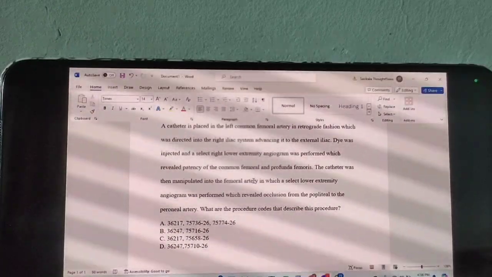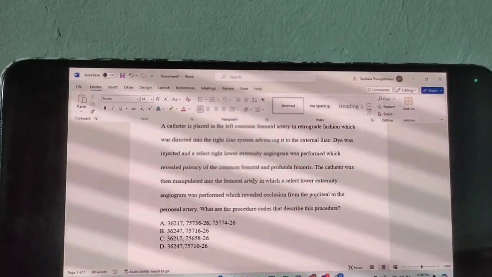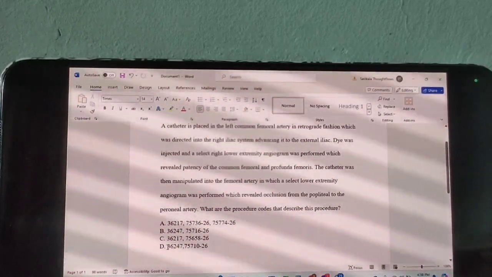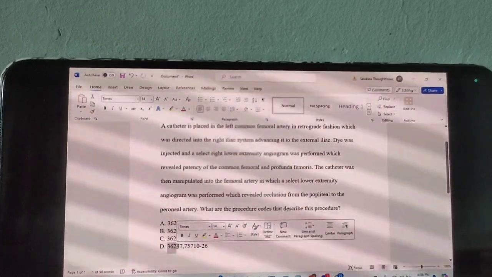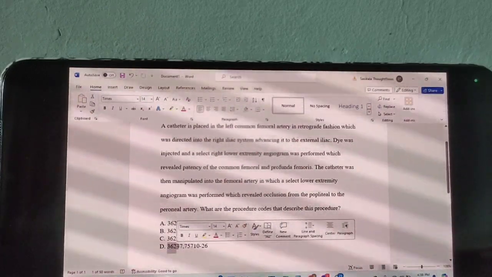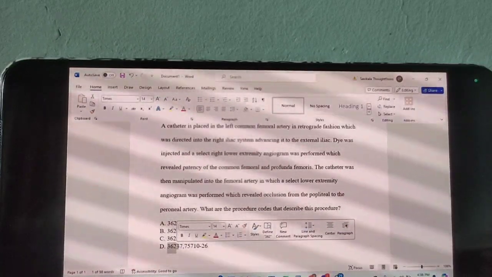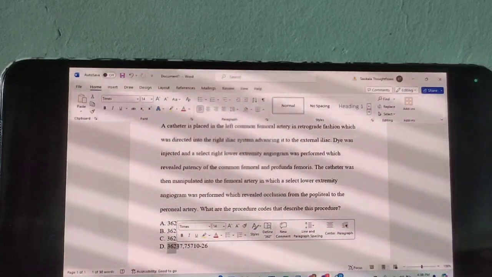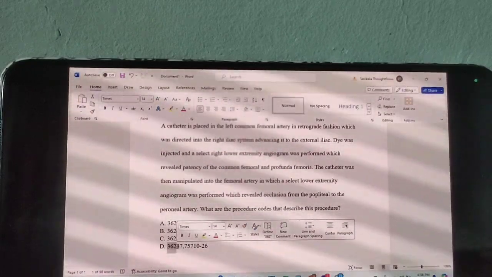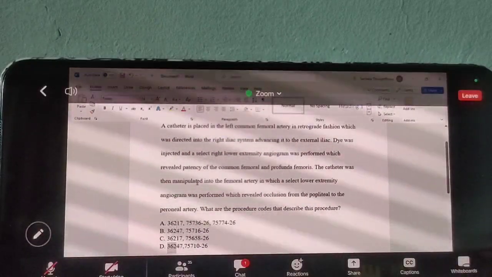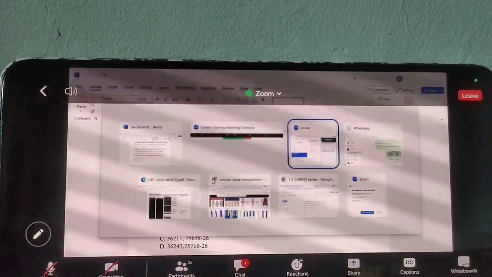The popliteal comes under the third order and beyond. That's why here we are reporting the code for third order. Did you understand now? Guys, am I audible? Yes, ma'am, I understand.